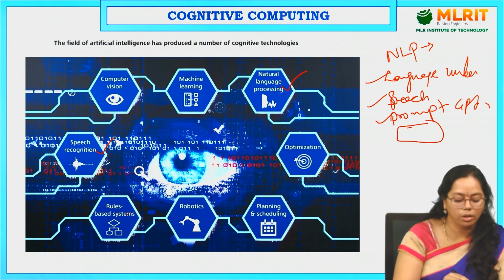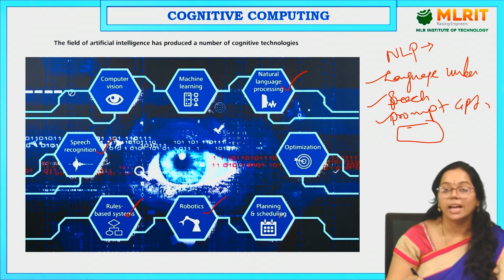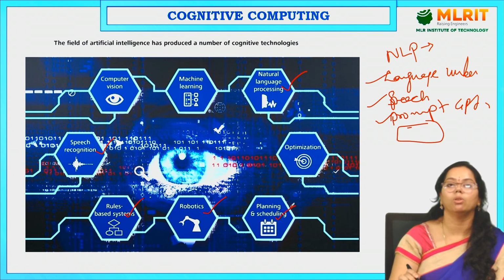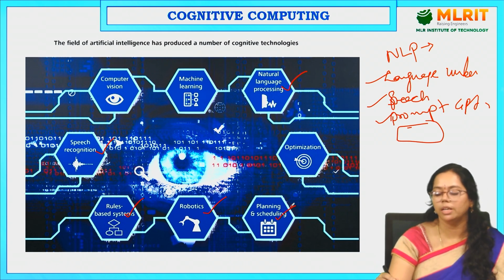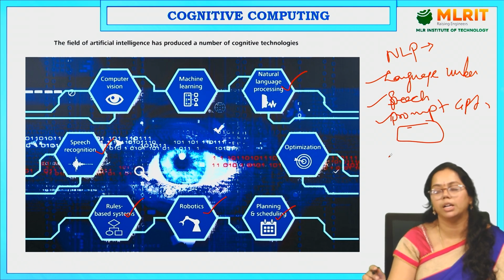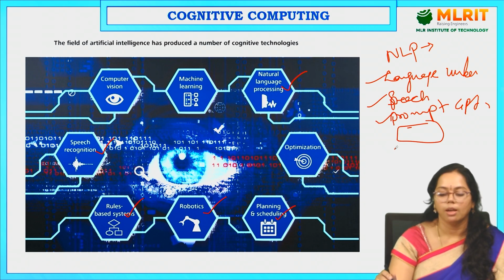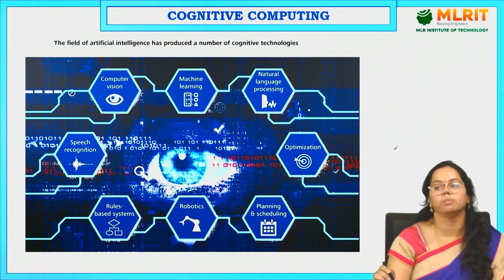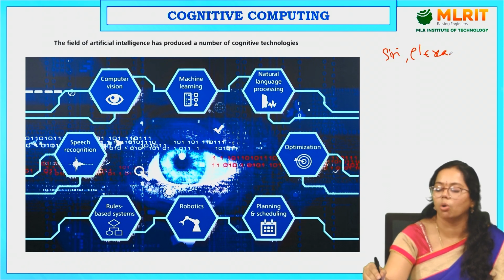and rule-based systems, robotics, planning and scheduling. Sometimes in this busy world we have multiple works to be done on time. As humans, we don't remember everything, wherein Siri, Alexa, okay Google come into existence.